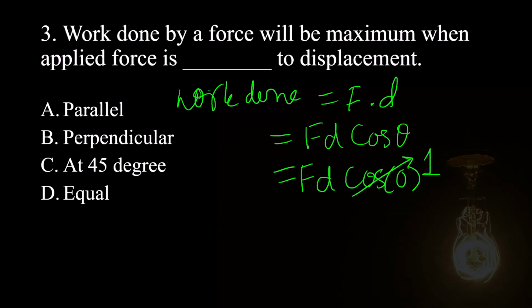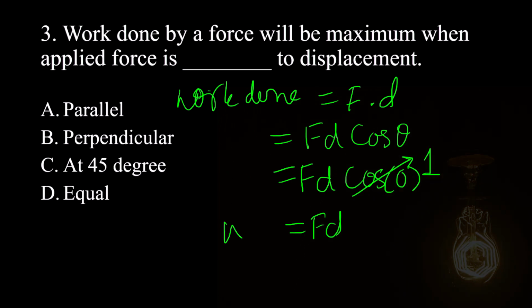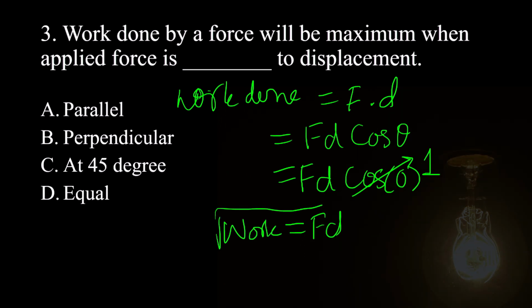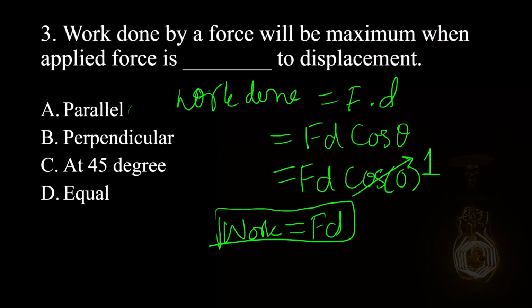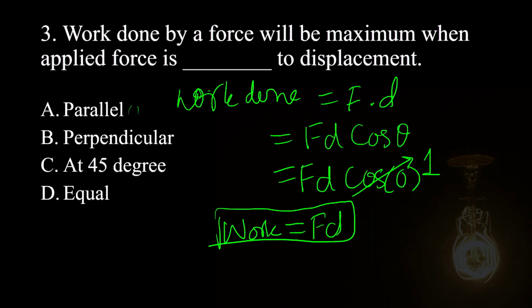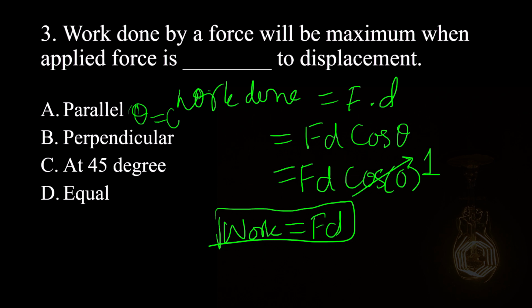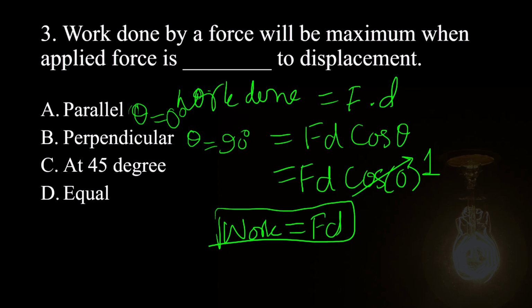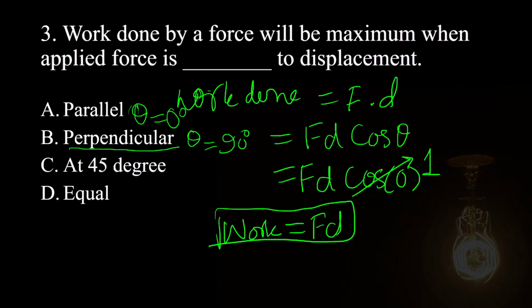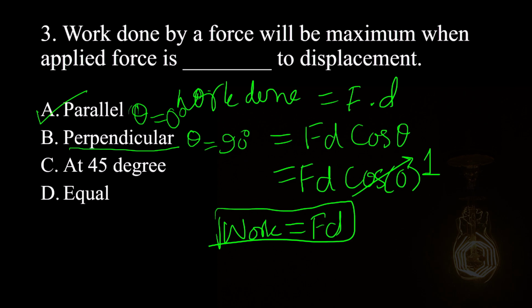Cos 0 is 1, so it is equivalent to Fd, and the work done will be maximum. Remember students that whenever there is the term parallel, the angle between the two physical quantities will be 0 degrees, and perpendicular means 90 degrees. Usually we can use the terms normal or orthogonal instead of perpendicular. So at 0 degrees the answer is maximum, so the correct option is parallel.